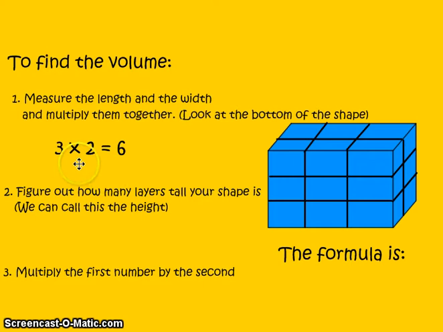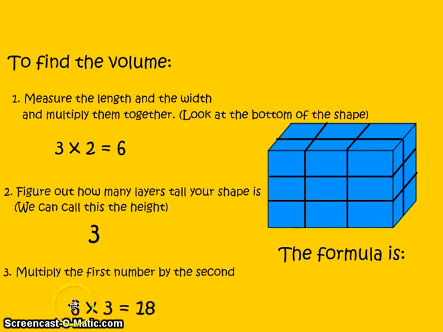Okay, then I'm going to figure out how many layers tall my shape is, and this we are going to call the height. So I have 1 layer, 2 layers, 3 layers. Okay, I have 3 layers tall, and then I'm going to multiply the first number by the second number. So the first number I got was a 6, the second number I got was a 3.